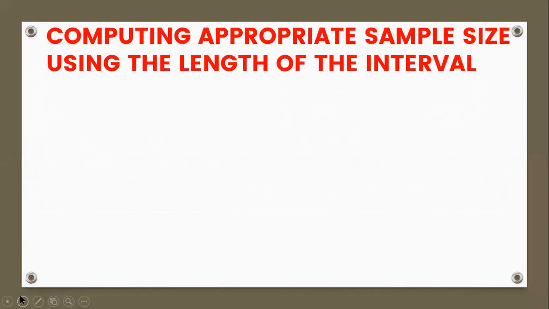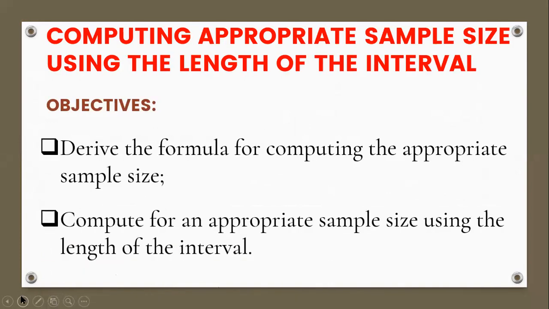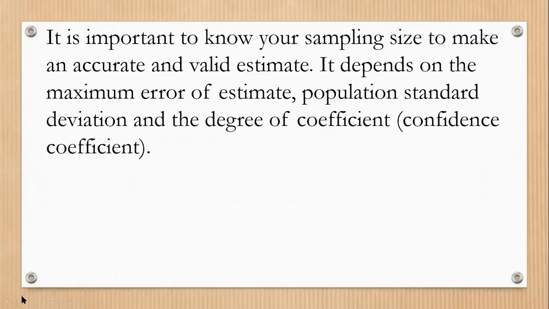Okay, let's proceed with the next slide. Next module, computing the appropriate sample size using the length of the interval. So these are the objectives. Why is it very important for us to make use of the sampling size? It is important to know your sample size to make an accurate and valid estimate.